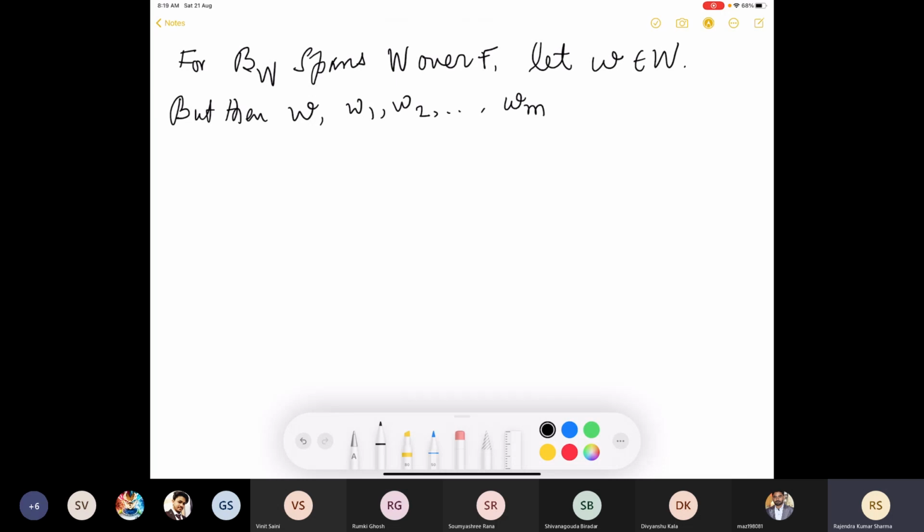Therefore, these should be linearly dependent. All of them are in W, must be linearly dependent.